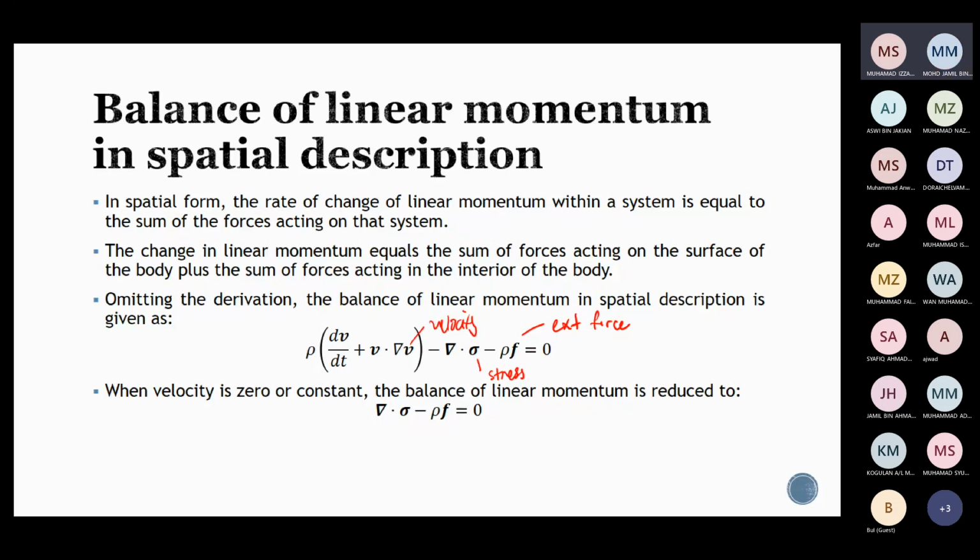Okay, so when we assume zero velocity or constant velocity, then the balance of linear momentum becomes this. So most of the time for solid mechanics, we assume the velocity as zero, okay? But in fluid mechanics, we have to consider the velocity for each particle because the particles of the fluid are constantly moving.